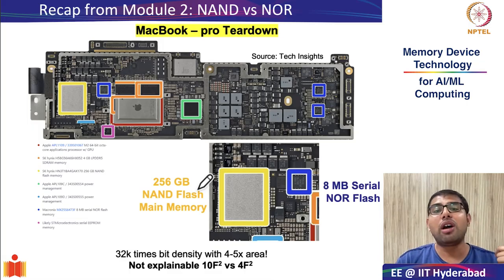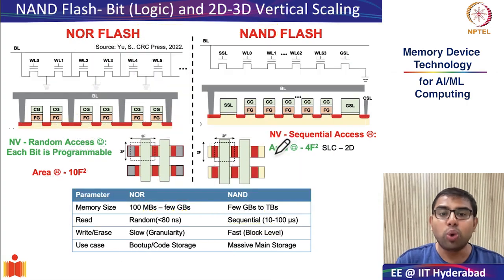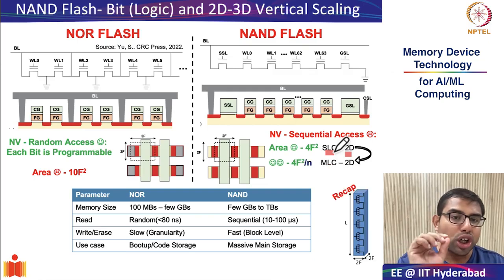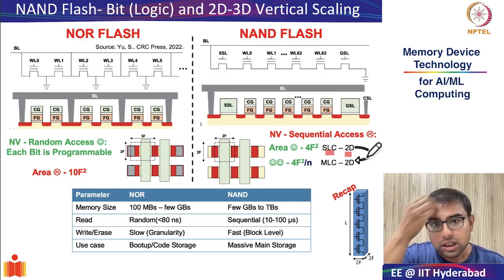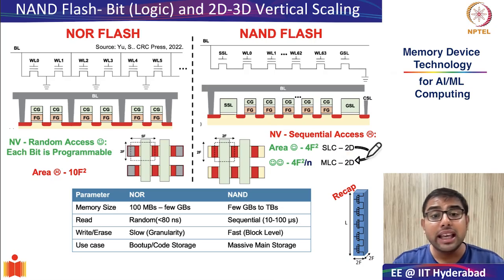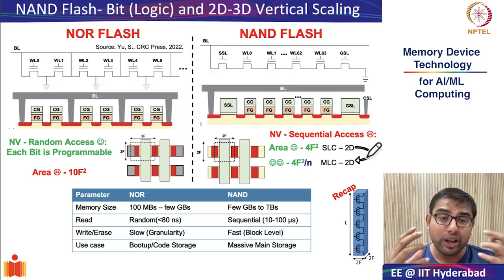So as some of you may already remember, it is true that 2D single level cell has a bit density, or the smallest scaling cell size, of 4F squared, but human beings have not stopped there. But this is only for a single level cell. As you may remember from our discussion in module 2, there are other elements in the NAND flash that can be scaled, not just the cell area. So we are going to discuss this in detail.